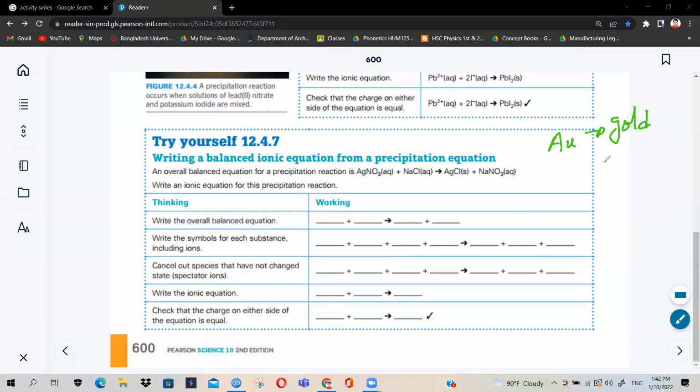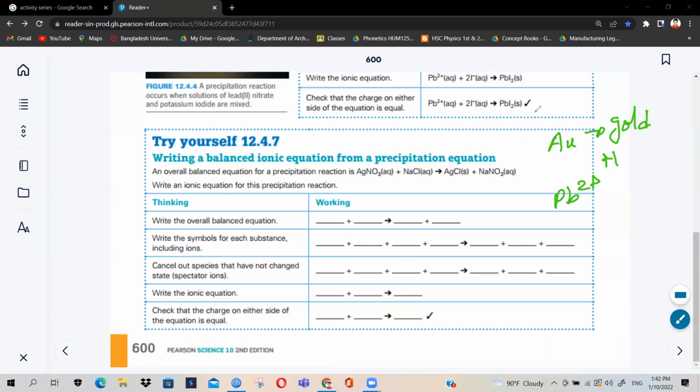Gold has a charge of +1 as well. Again, say for instance, lead is not an alkaline earth metal, but it has a charge of +2. So it's not necessary that if anything has a +1 charge, it has to be an alkaline metal.